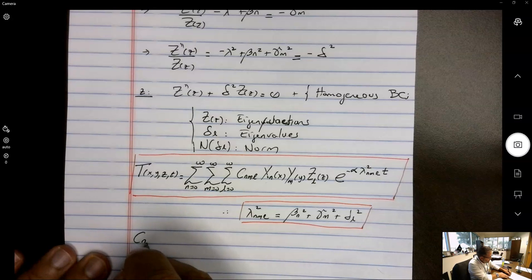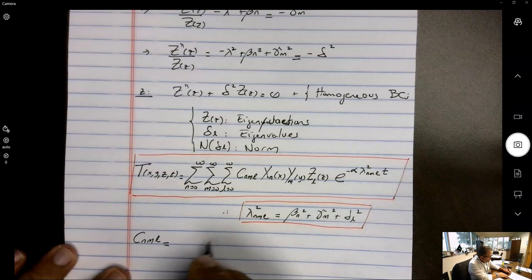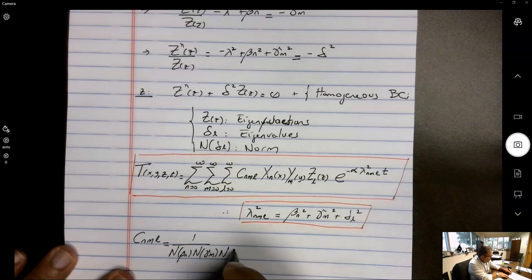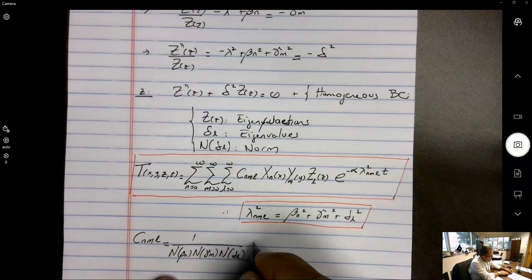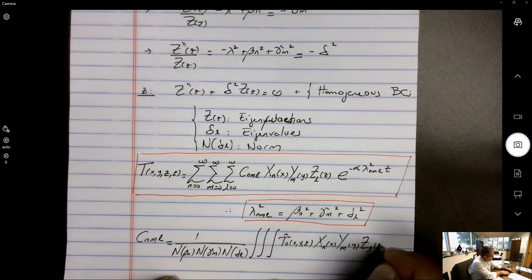So C_nml is equal to the inverse of the norm of beta n, norm of gamma m, norm of delta L, times the integral of the initial condition T0 of x, y, and z, times the eigenfunction in the x direction, the eigenfunction in the y direction and the eigenfunction in the z direction.